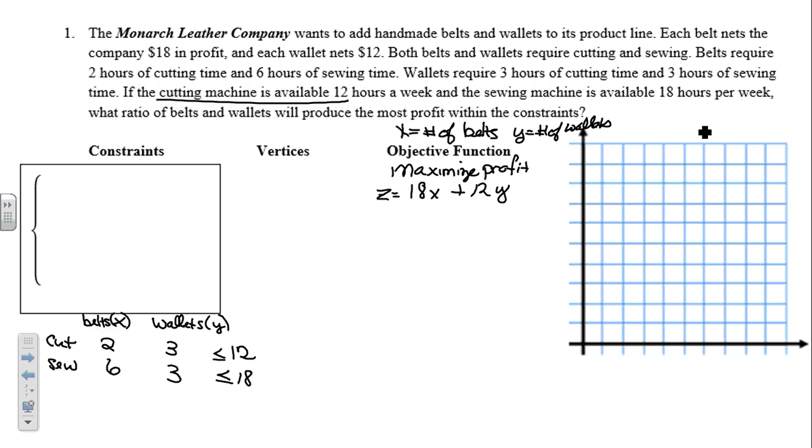Okay? What's our cutting constraint? Excellent. And what is our sewing constraint? All right. Can we make negative belts? No. So what does that mean?